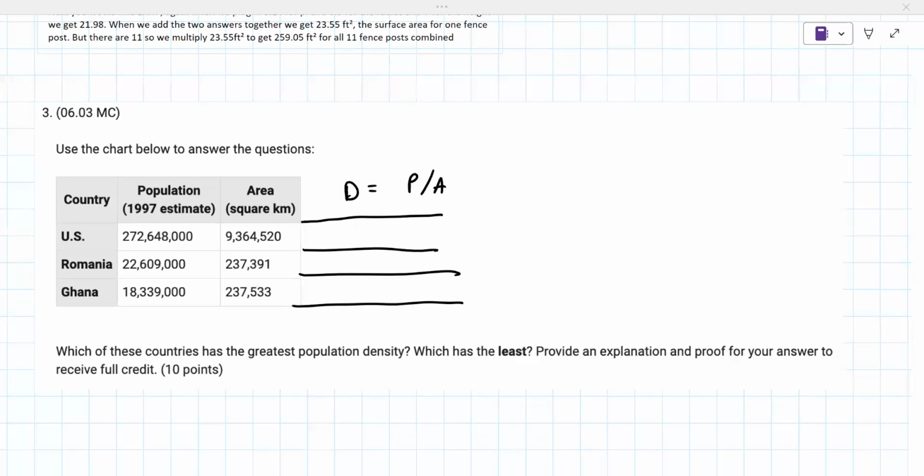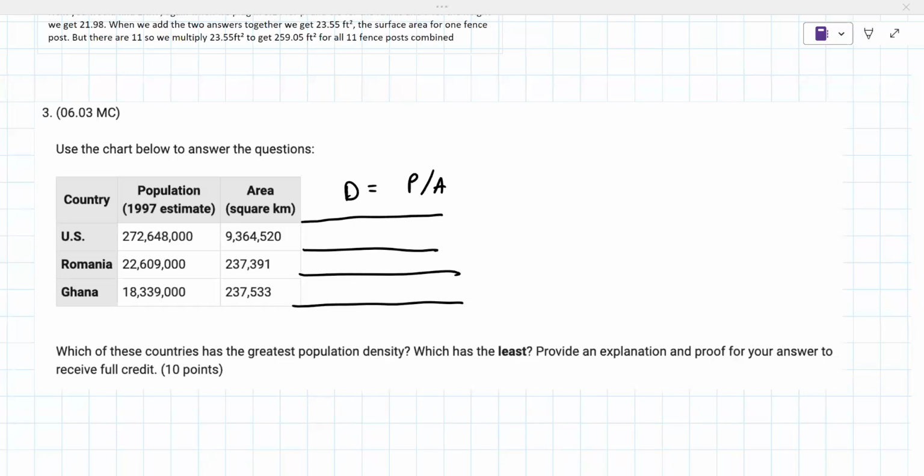Let's see. So for the US, it would be 9,364,520.